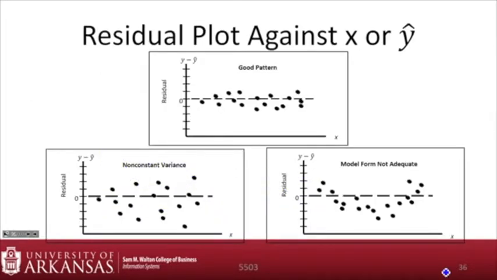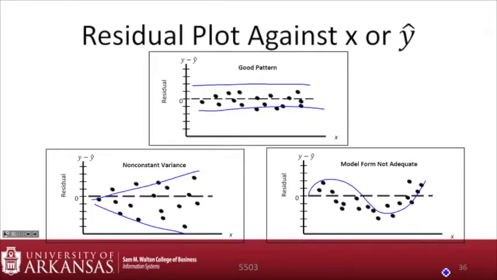So that's one we're going to look at. Oh, look. Good patterns. Okay, so we're looking for this right here. Here, this has more of that cone-shaped thing. And here we've got a linear thing going on, right? So it's not working. So horizontal, black is good.